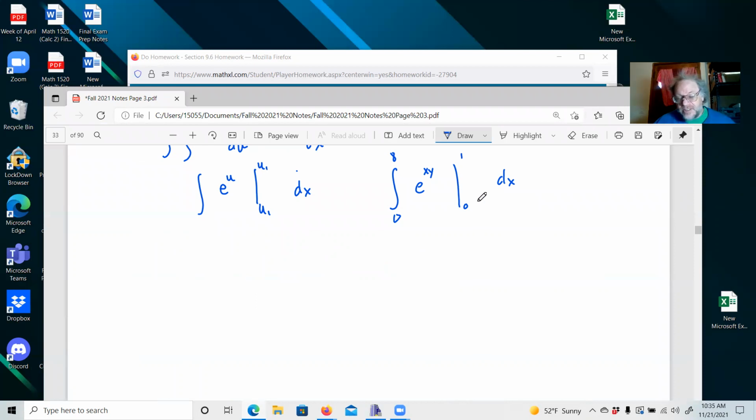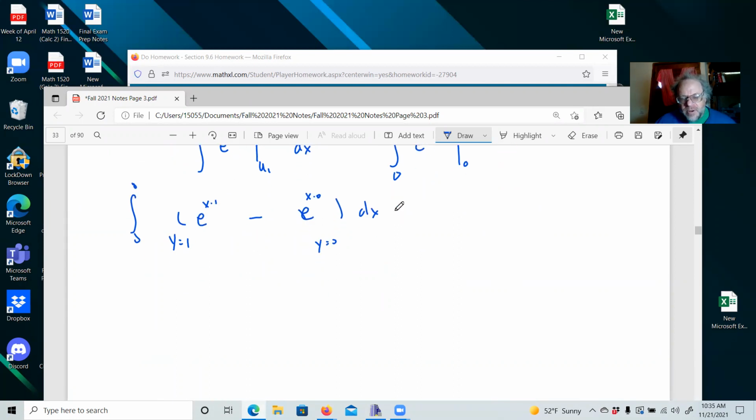So let's go ahead and take a look at this. We have y evaluated at 1, y evaluated at 0. We have the integral from 0 to 8 of x times 1 minus e to the x times 0, dx.